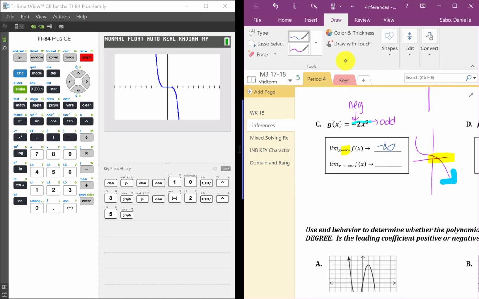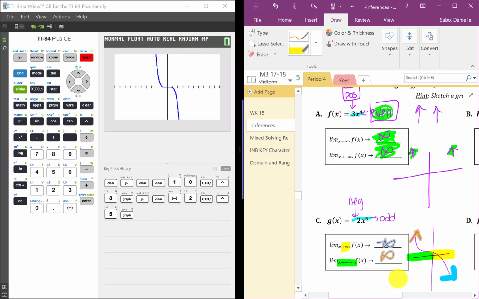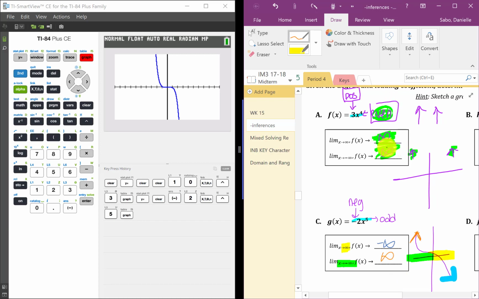And as x is going to positive infinity, my function in orange is going up now to positive. And whenever you have an odd degree, you better have opposite end behaviors. Okay, that's what it means. Odd means opposite. Okay? Whereas when we did this first one, it was even and they were both the same.